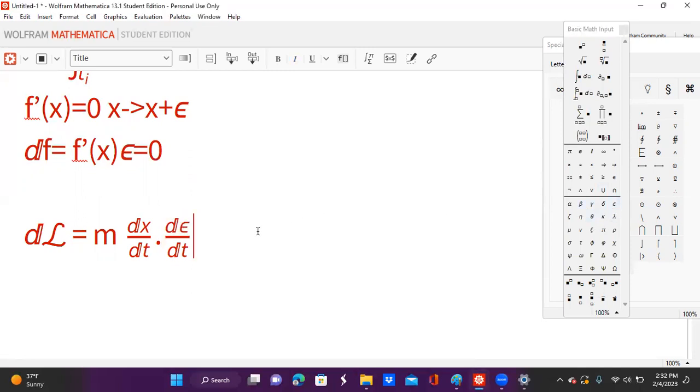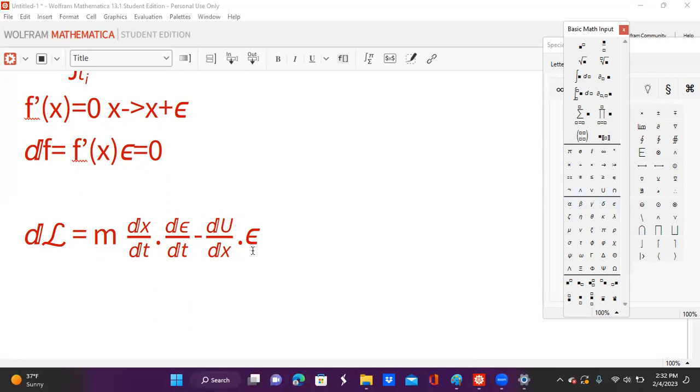The difference change in space, and then epsilon is the little changes over time, minus du dx times dot epsilon. So du and dx, and then we're going to give you an epsilon or dot epsilon.